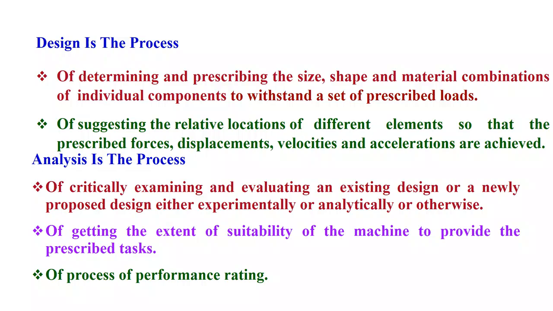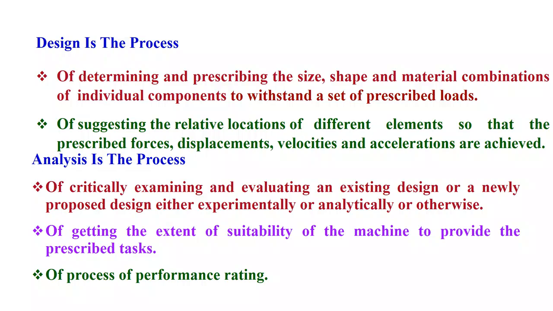So the major thing is the geometry, that is the size and shape, and then the material combination. These two parameters will influence getting better results. Then it is about suggesting the relevant locations of different elements so that the prescribed force or displacement, velocity, and acceleration are achieved.